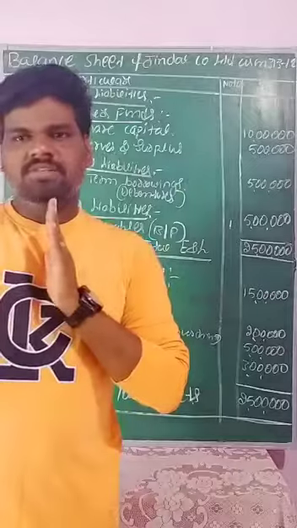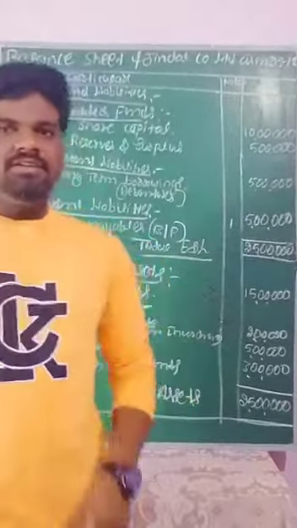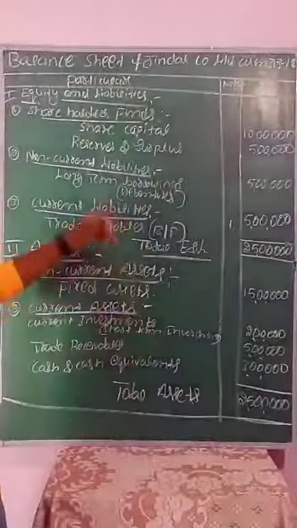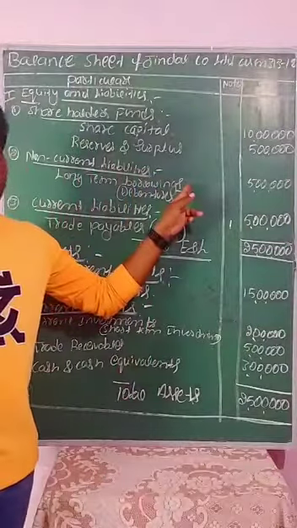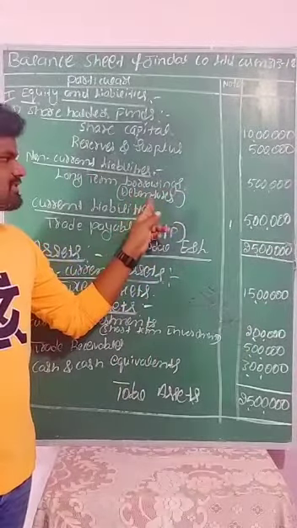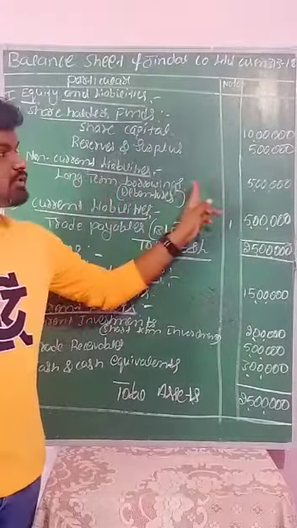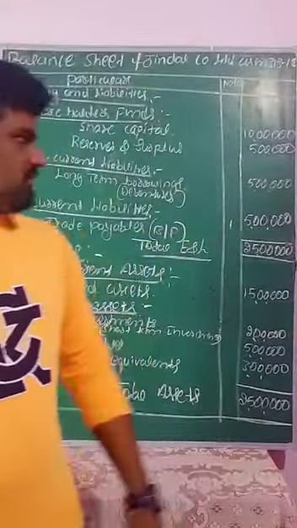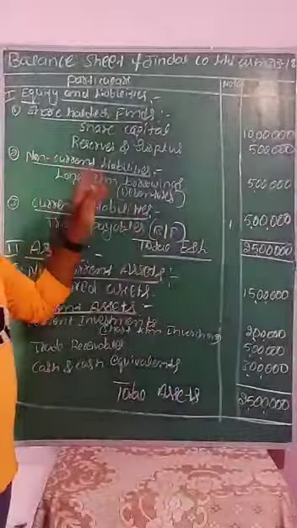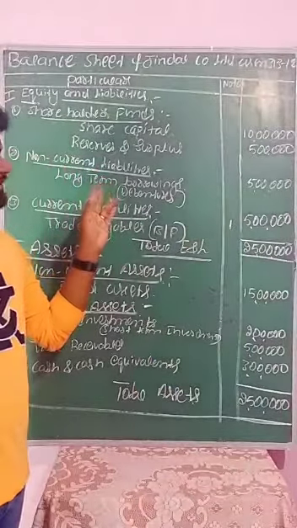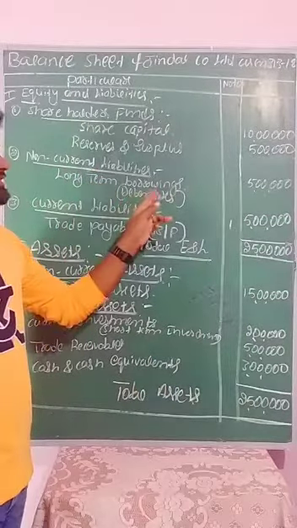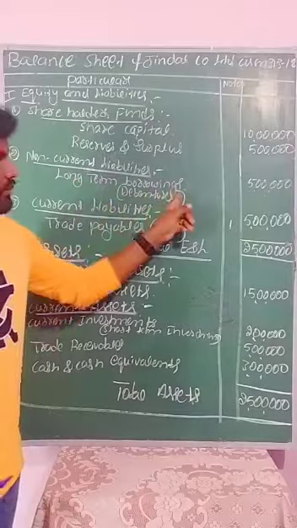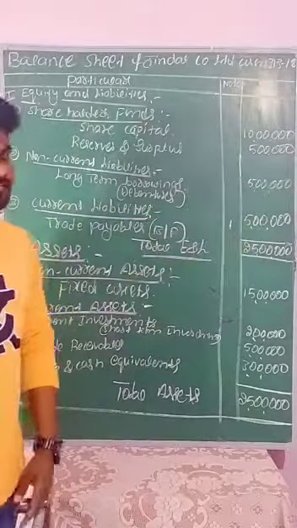Debentures means nothing but borrowed capital, so we can treat it as long-term borrowings. For this headline they gave only one transaction: 10% debentures, that is long-term borrowings of 5 lakhs rupees.